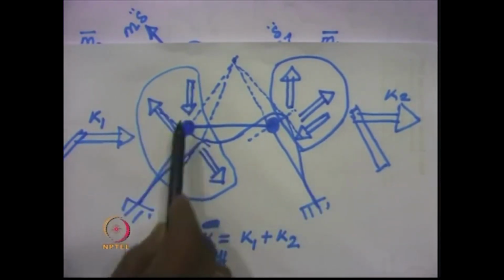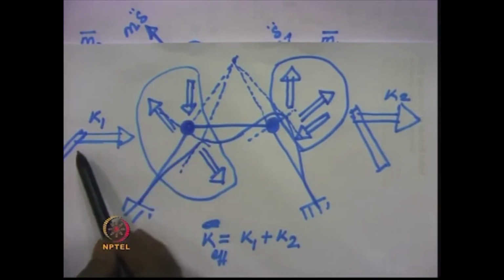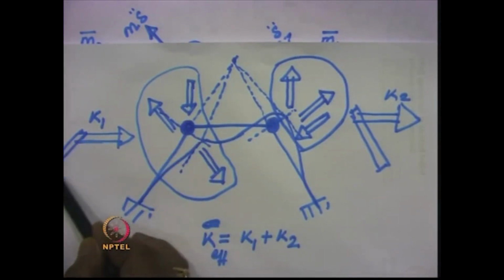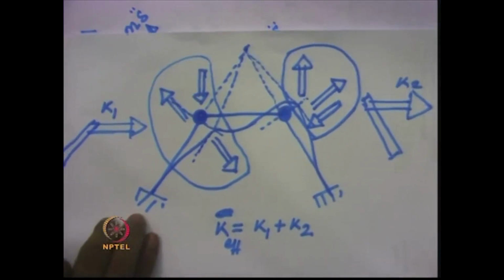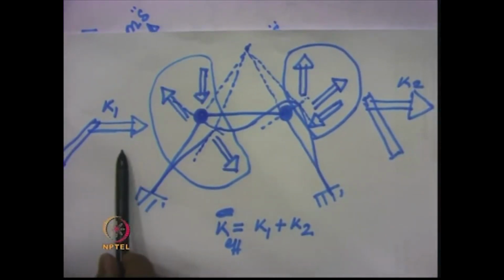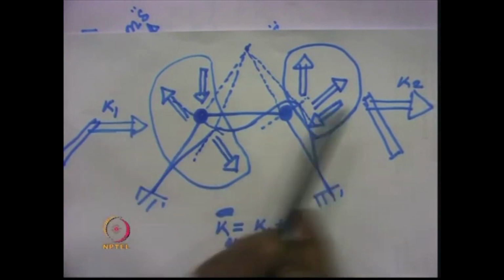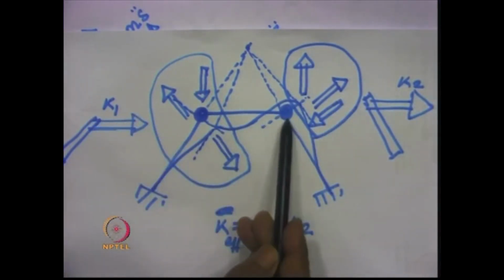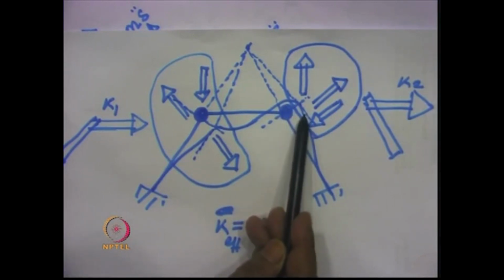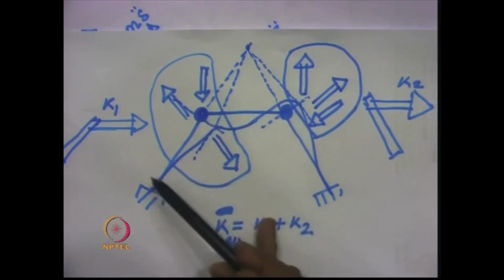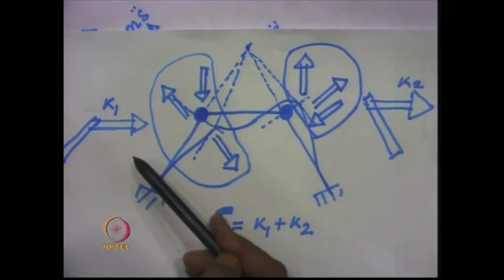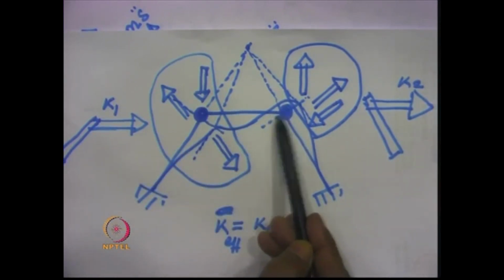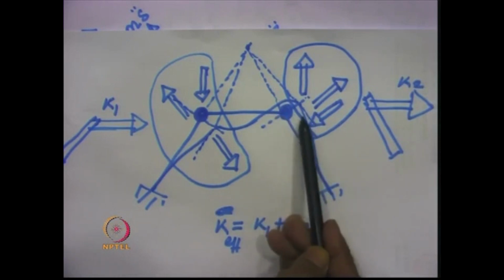Similarly, here also these 3 forces can be resolved, one along this length and the other in the horizontal direction, that is the direction of the sway. The sum of these two in fact will be the force required to produce unit displacement, and that defines the stiffness of this inclined leg portal frame corresponding to a sway movement of unity.